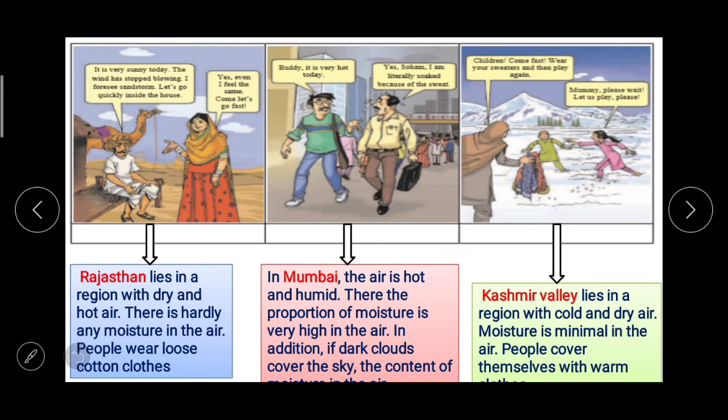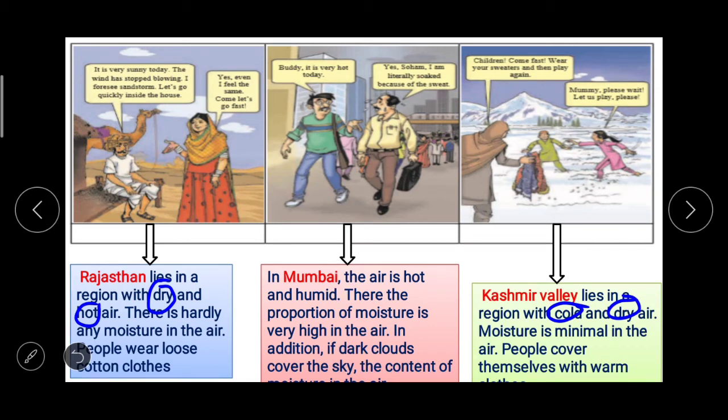So in the first one, Rajasthan lies in a region with dry and hot air, so people wear loose cotton clothes. In the second one, Kashmir Valley lies in a region with cold and dry air. In Rajasthan it is dry and hot; in Kashmir, sorry, it is cold and dry.